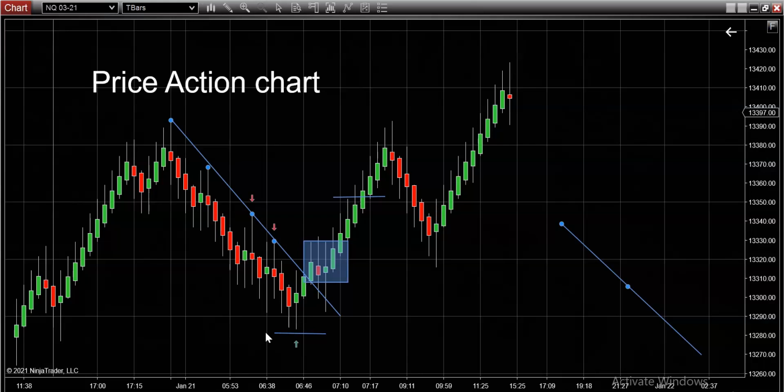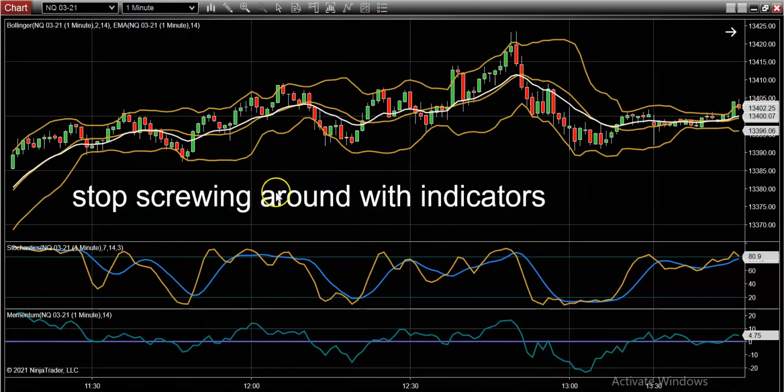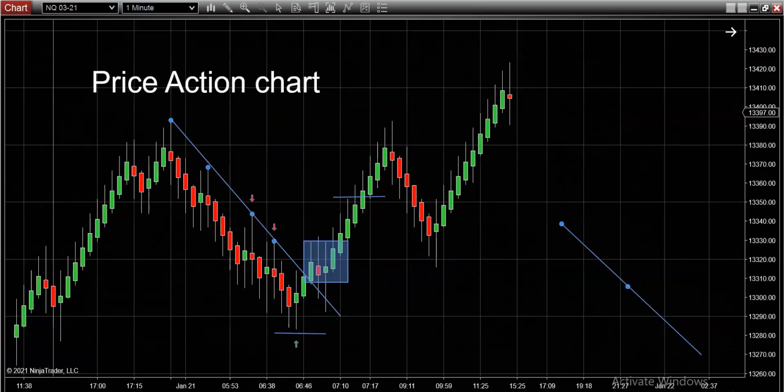The worst traders in the world don't even know how to spell risk. They're too busy looking at garbage like this, screwing around with their indicators, finding the latest, greatest indicator that happens to be for free, right? You ever heard the saying, you get what you pay for? Well, that's what free stuff gets you.